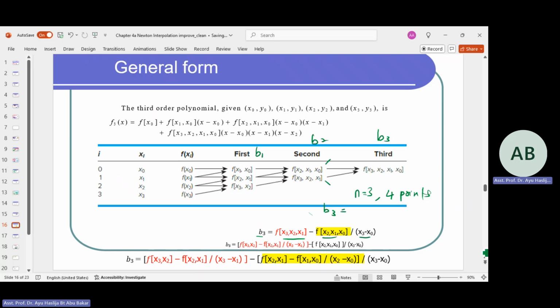Let's say your B1, the value that you got previously, is 0, and then this is 0.5942.